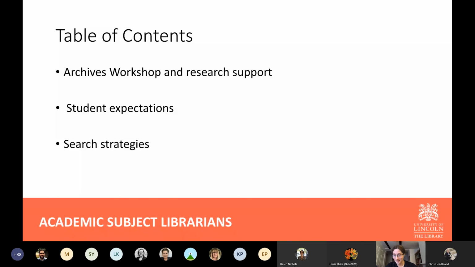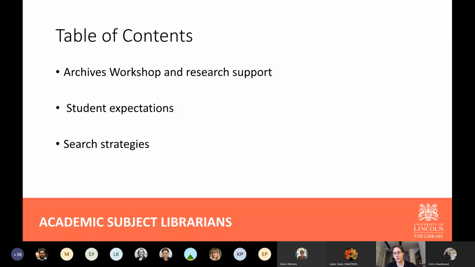So in this conversation, I'm going to talk about three specific things. I'm going to talk about the archives workshop and research support that I've run in the past. I'm going to talk about student expectations of finding information online.